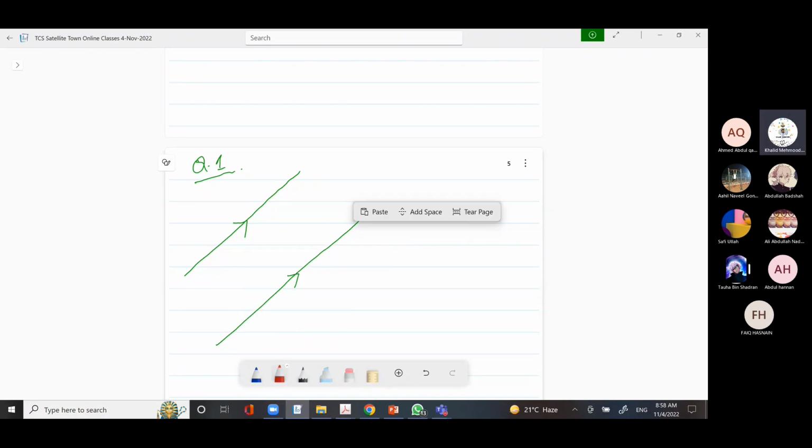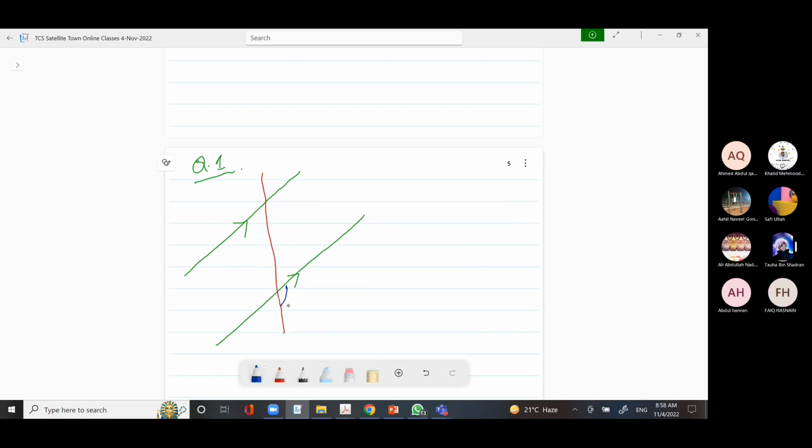Now a transversal is there. The transversal is cutting here, and now we'll see about the values. I'm writing 124, and there is x, and then that is y.